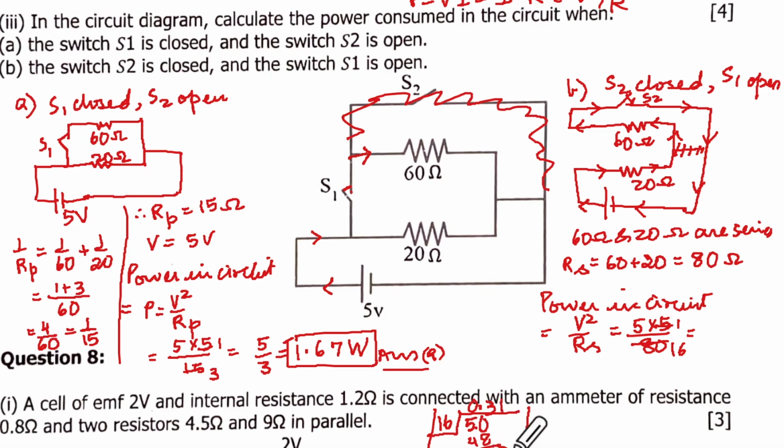So 16 ones, 16 remain 4. 16 twos, 32. So fine, 0.31 is enough. Okay, and write capital W. This will be your answer B.